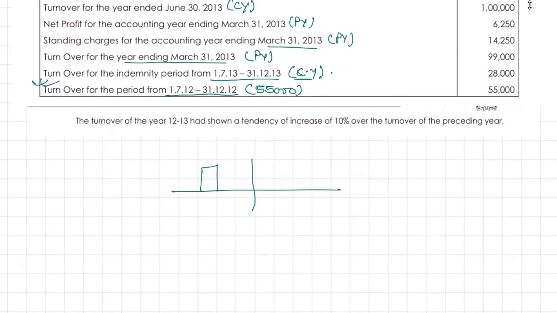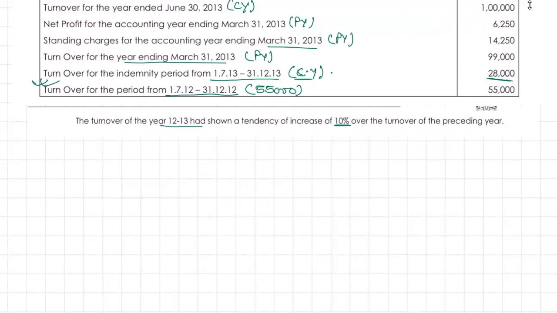This is that sale, 55,000. Now how much in Q3? Only 28,000 of sale happened, and the increase is 10%. So how much should it have been? 55 into 10% plus, it should have been 60,500. How much has happened? 28K. So you can find the short sales, understood? Now can you compare it with my drawing, what I did? Yes sir, I will write it and calculate it.